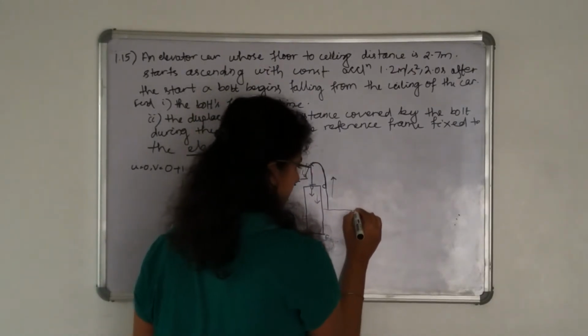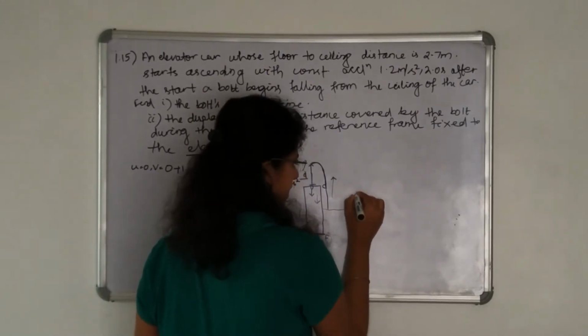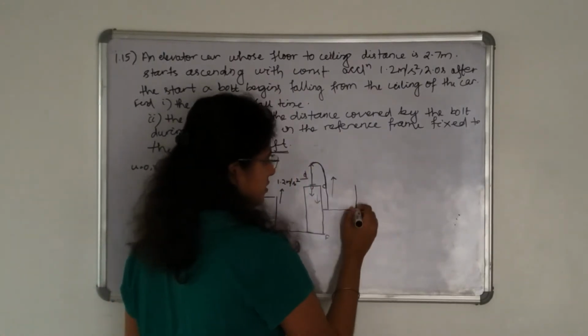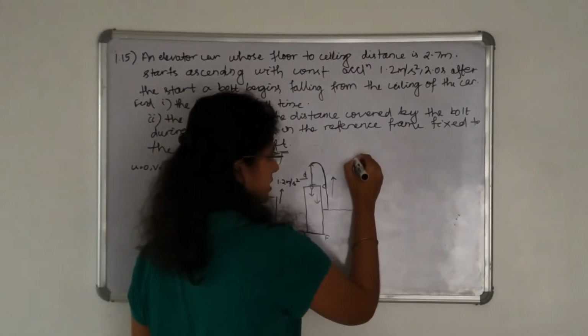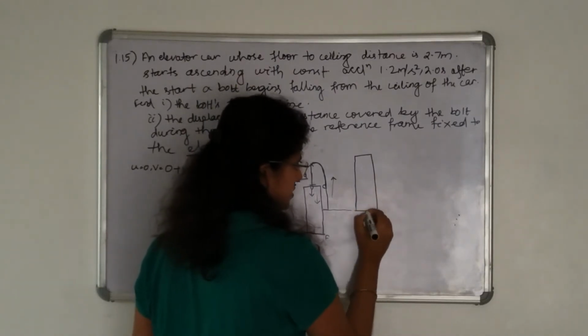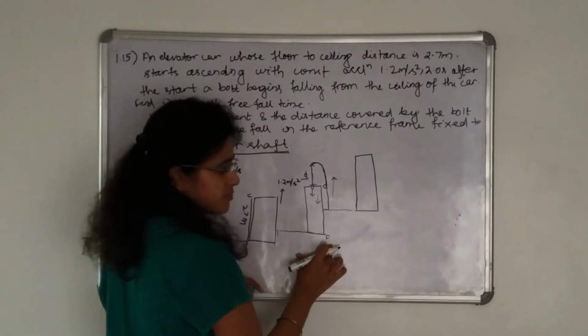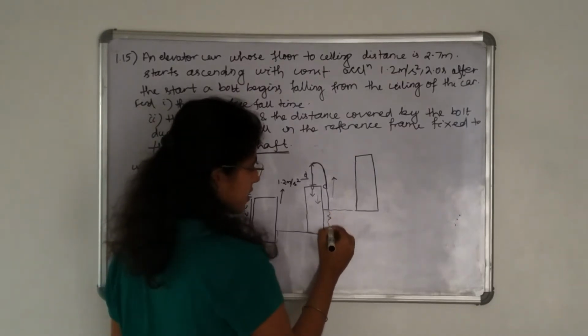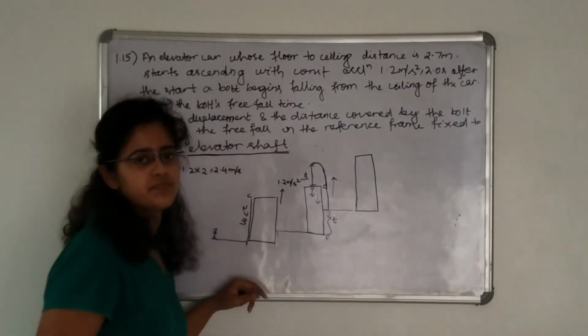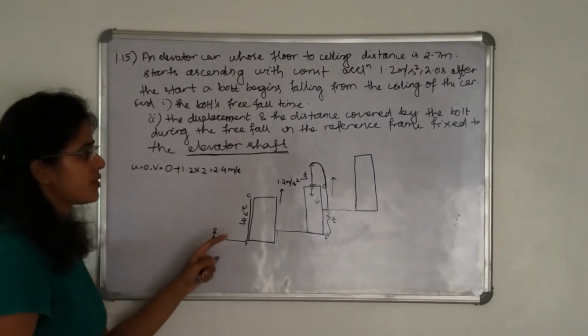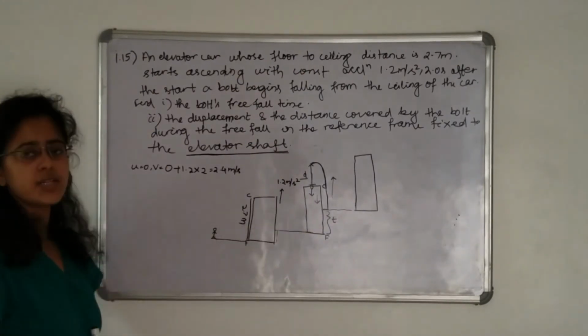So let us take after time t, when the bolt reaches this position, the elevator is at this position. To reach this position from this position, let us take it requires t time. So for me, after t time, the displacement of the bolt is how much?